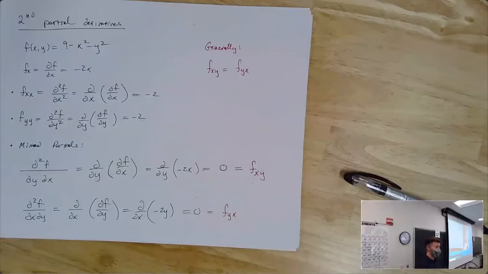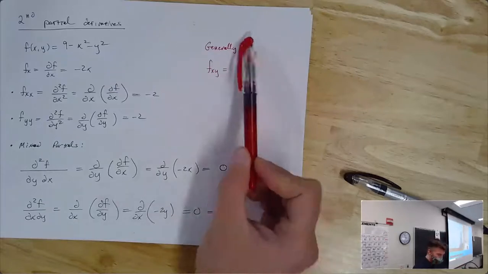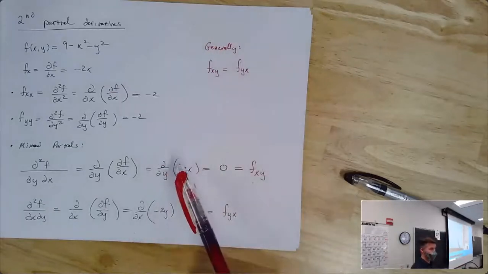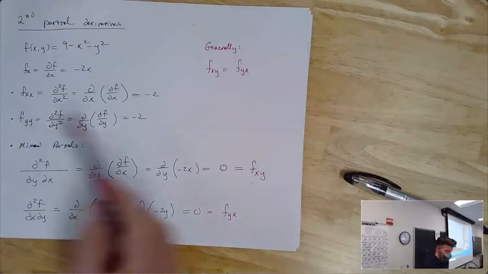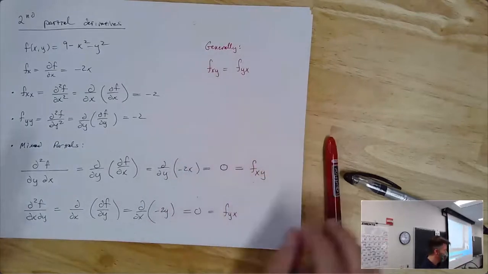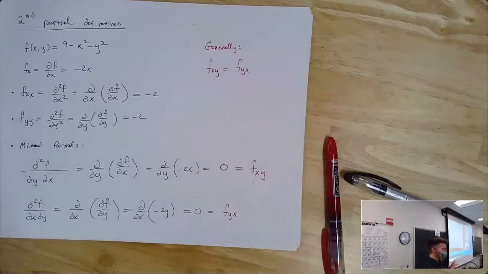You have to work hard to make up a function that doesn't satisfy this statement. It's a complicated piecewise function. It's kind of the easiest example of a function where this is not true. So if you're looking at a function that's just regular x and y's, there isn't anything out there about it, you can be very sure that you're going to have something where the mixed partials are the same.